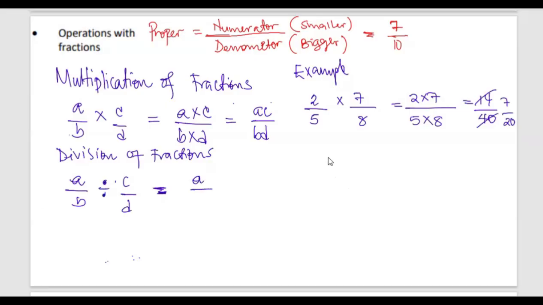So the first one remains, then the symbol changes, then the denominator becomes the numerator, and the numerator becomes the denominator.